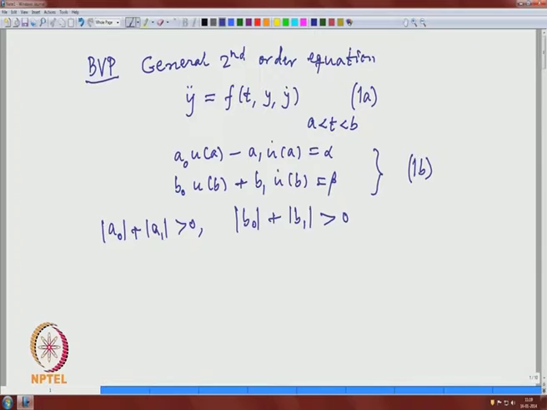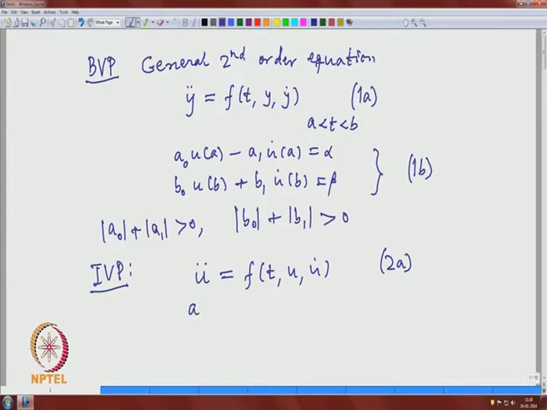A formal approach to a solution of this boundary value problem 1a and 1b, together called 1, was through an initial value problem. We discussed this last time. u double dot equal to f of t, u, u dot, call it 2a, and now we impose conditions on u and u dot only at t equal to a.